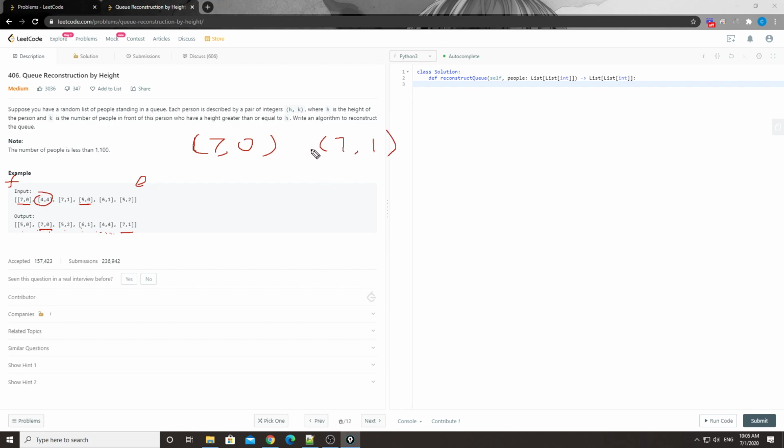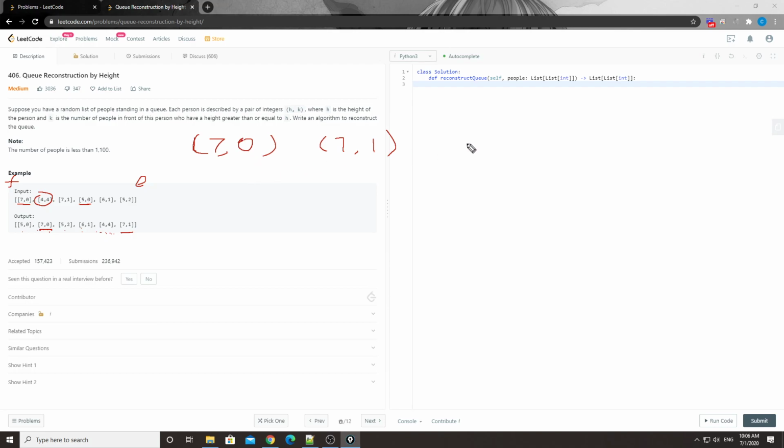Let's break the problem into a very small problem first. Let's say there's only one height in this input array. So how can we rearrange this array? If there's only one height, we just simply sort by the second element.